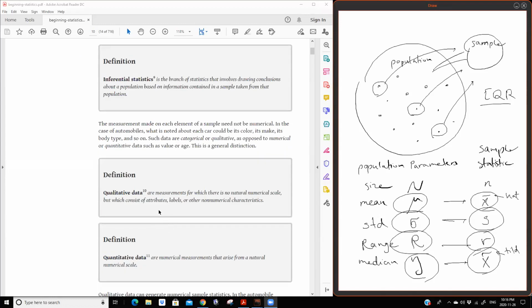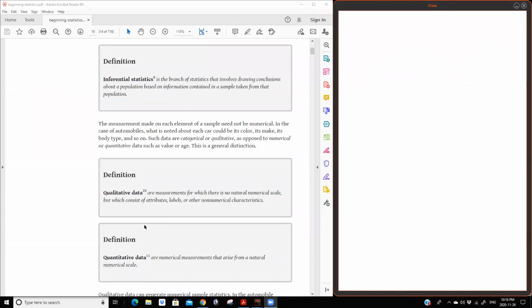This is a distinction between two types of data that you deal with in statistics. When you're dealing with data, it could be qualitative, and it could be quantitative.